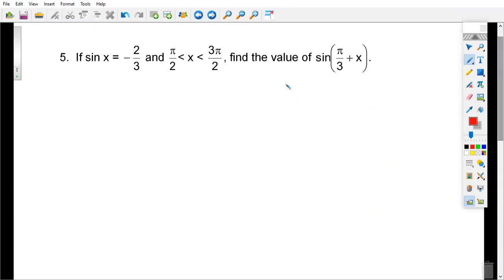This is our A, this is our B. The first thing we're going to do is expand.